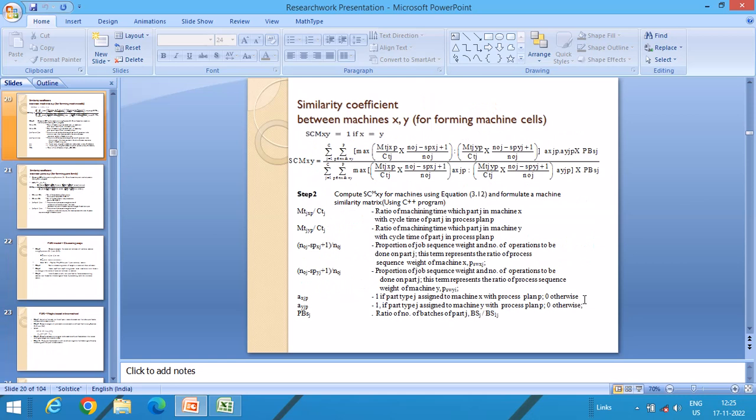So this is the proposed similarity coefficient in the iteration model. This is the similarity coefficient relation for finding for machines.